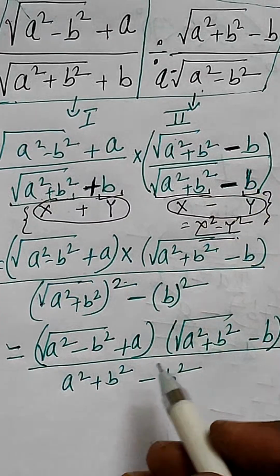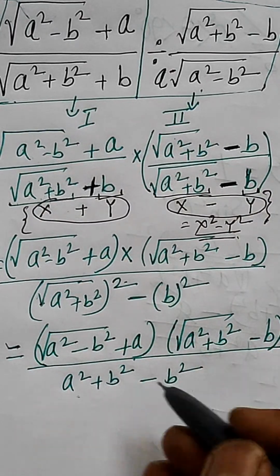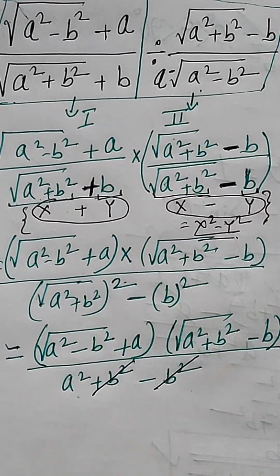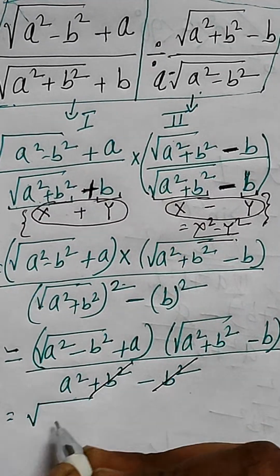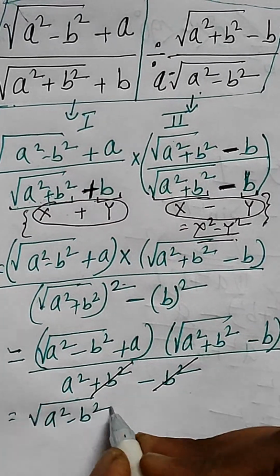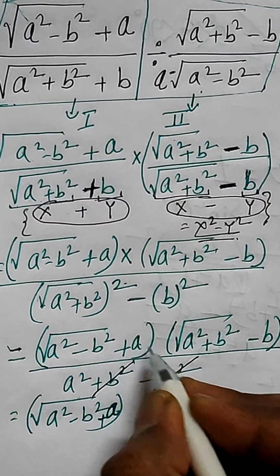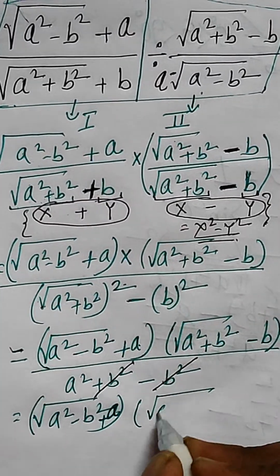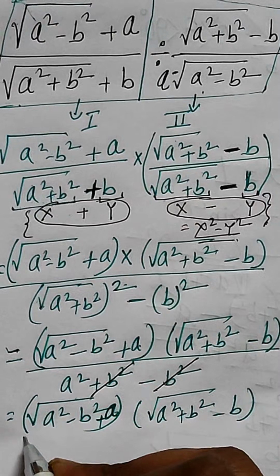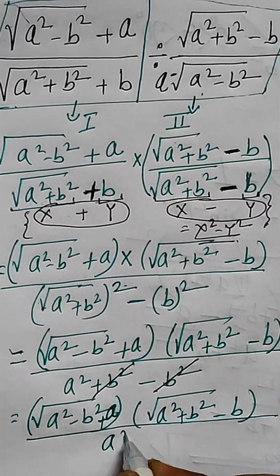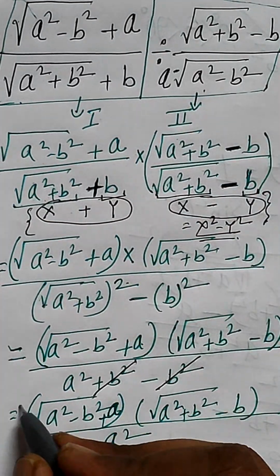On rationalizing, the denominator comes like this, and here you can see b² will be cancelled out. So this will come as (√(a²−b²) + a)(√(a²+b²) − b) divided by a². This is the value of the first term.